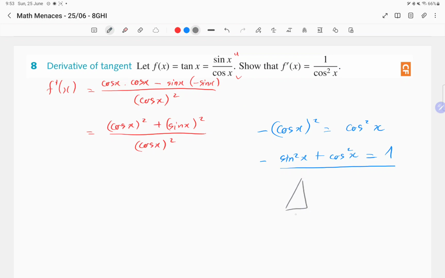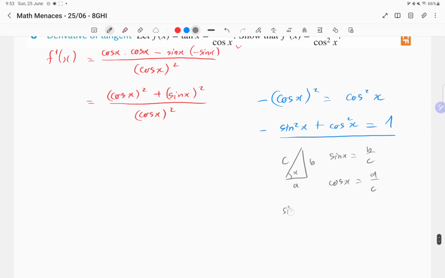If you have a right-angled triangle with the angle x, and sides A and B, and hypotenuse C, then sin x would be B over C, and cos x is A over C. If you go sin squared x plus cos squared of x, you would get B squared over C squared plus A squared over C squared.